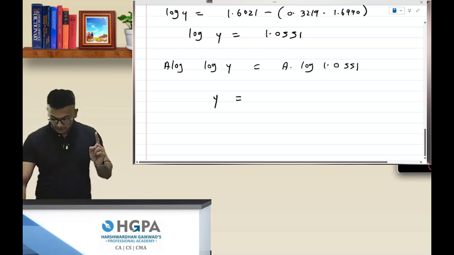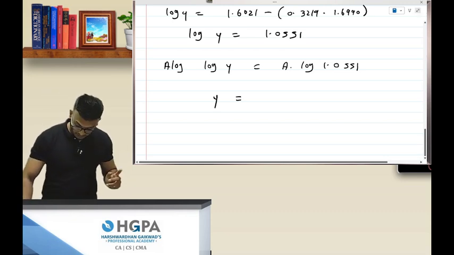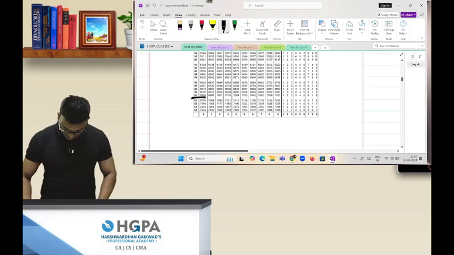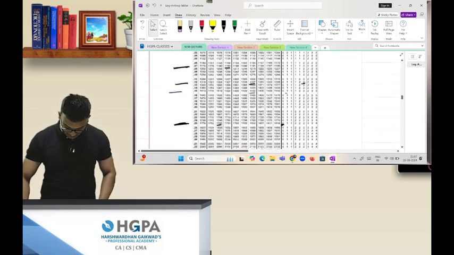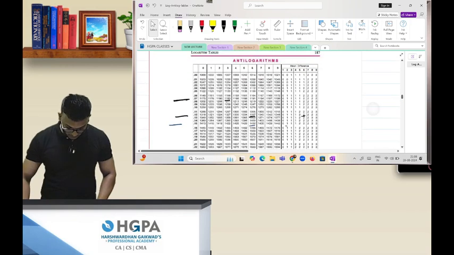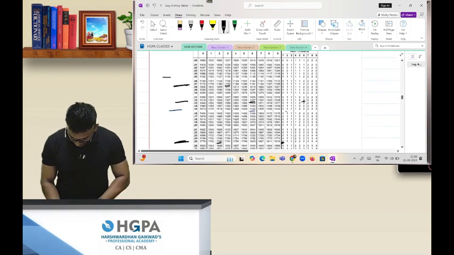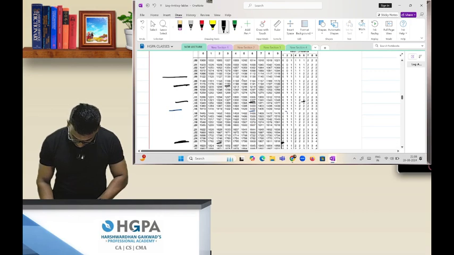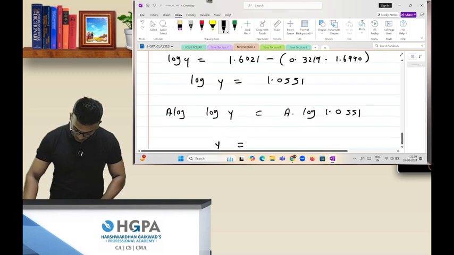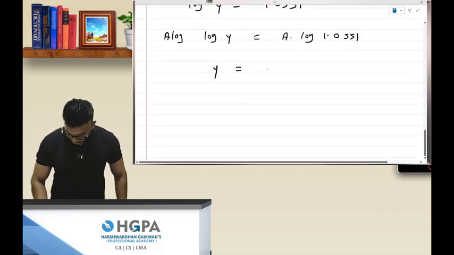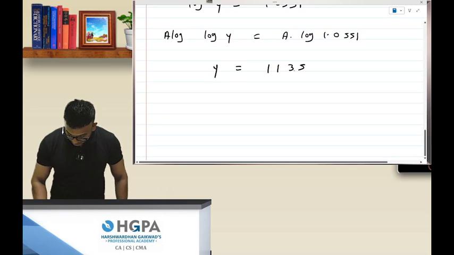Anti-log of log y is y, simple, and anti-log of 1.0551 we need to find out. So you need to find 0551. Go to your table. It is here: 1135. The decimal goes here, 11.35, that's your average.